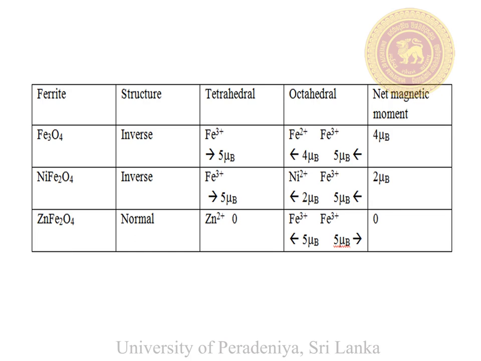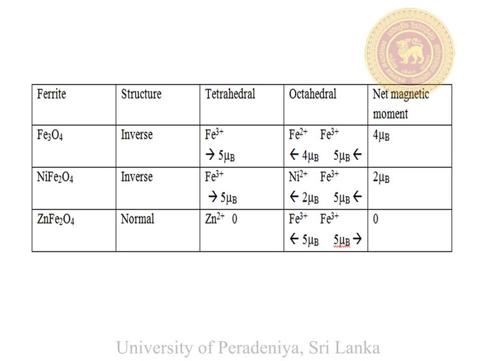In nickel ferrite, the magnetic moments of Fe3+ are in opposite directions, so they cancel each other. Only the magnetic moment of nickel 2+ contributes to the magnetization, so the net magnetic moment is 2 mu B. In zinc ferrite, the zinc does not have any unpaired electrons, so the net magnetic moment of zinc is 0.